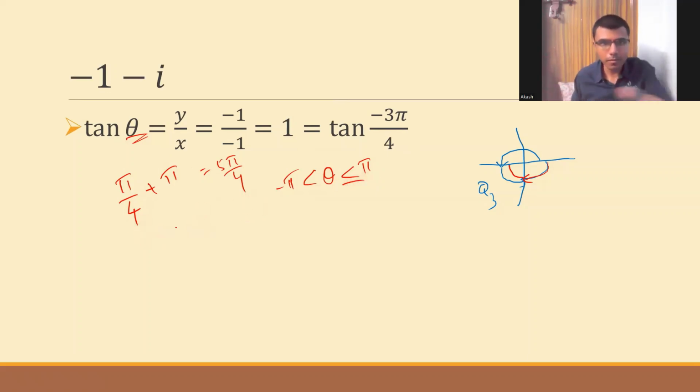Next, pi by 4 minus pi, so I'll get minus 3 pi by 4, which is minus 135 degrees. That is between minus 90 degrees and minus 180 degrees. So this is the value for my theta which will satisfy the condition that tan theta is 1, as well as theta lying in the third quadrant. Both the conditions should be satisfied. So that's why I'm getting minus 3 pi by 4.